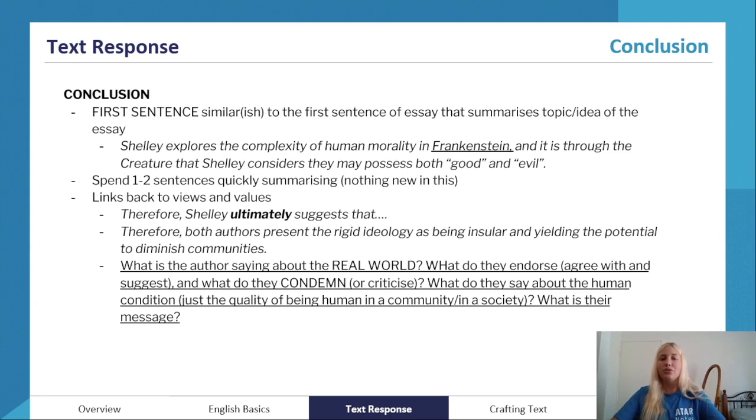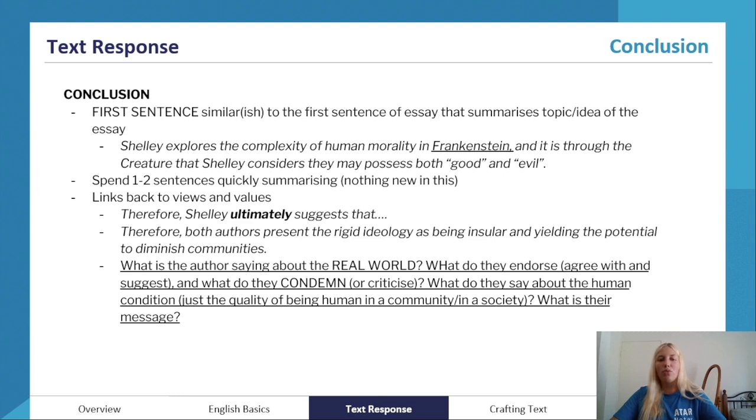So when writing conclusions, your first sentence should essentially be something along the lines of, overall, here is the summary of my idea for my essay. As an example, Shelley explores the complexity of human morality in Frankenstein, and it is through the creature that Shelley considers they may possess both good and evil.